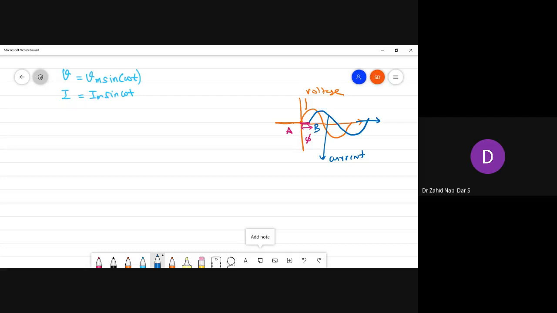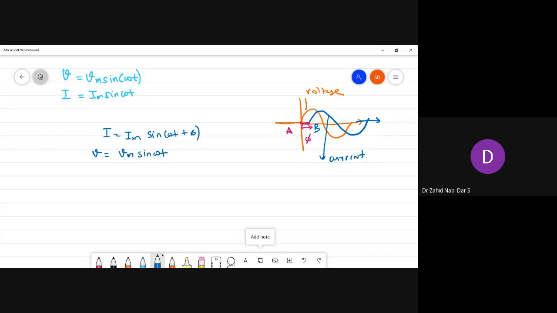So in this particular case I can write my voltage and my current. If I write I is equal to Im sine omega t plus phi, because the current is starting after a point, and my voltage is starting at the same point, Vm sine omega t.